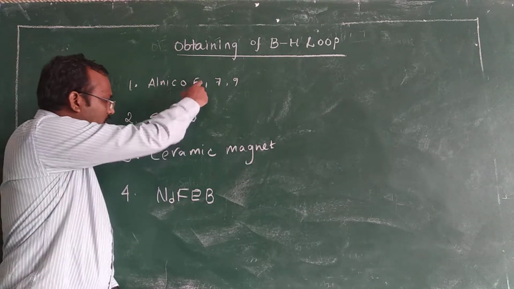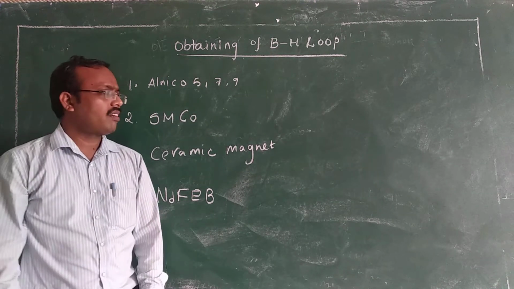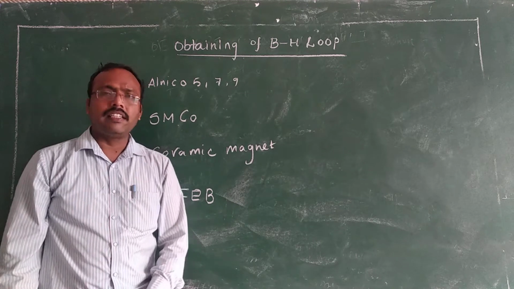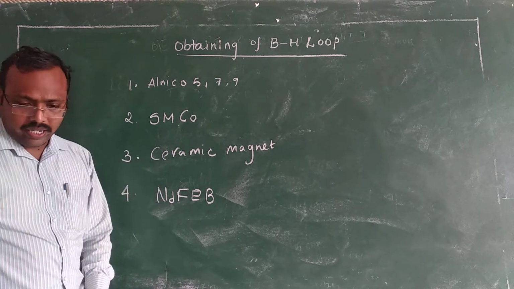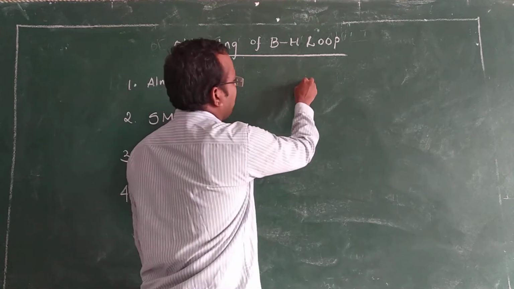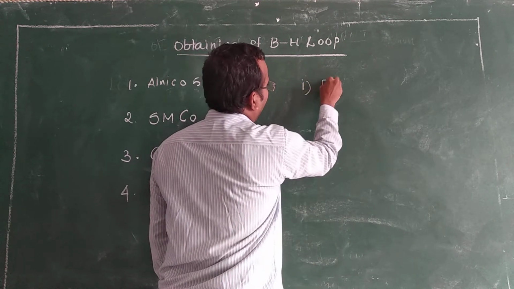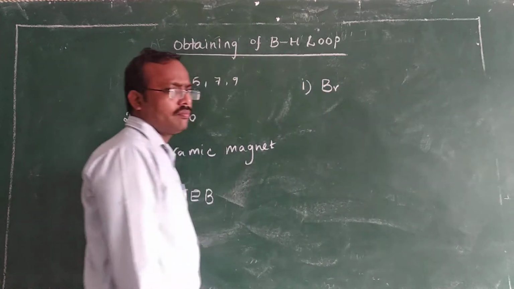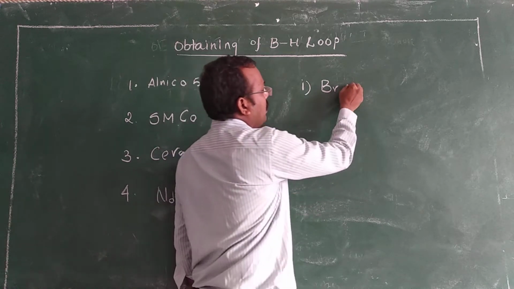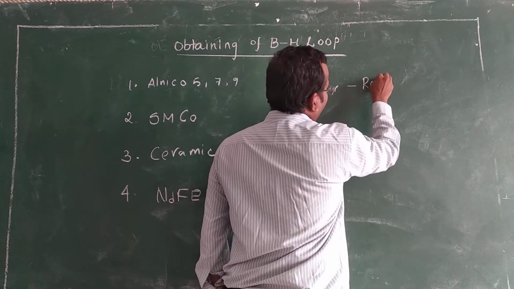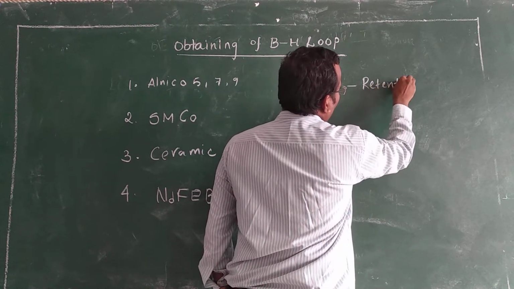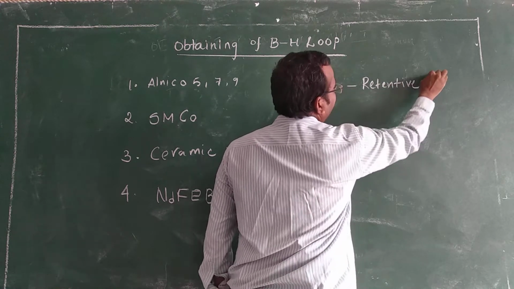The qualities of these magnets are characterized by three parameters. One is Br, which means retentive flux density.